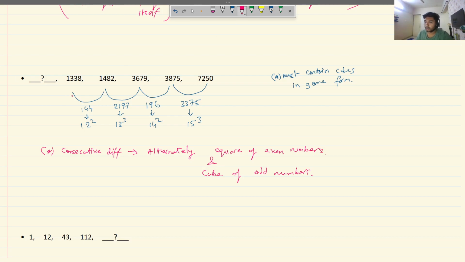So the next term must be the consecutive difference for the next term would be 11 cube.